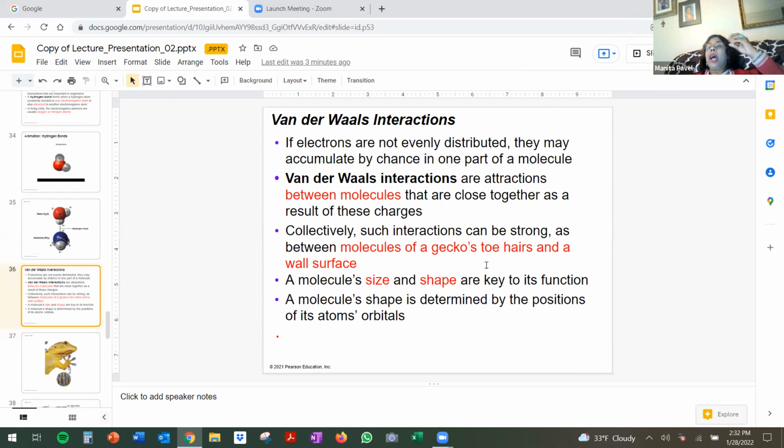Now, I need you to remember the simple basic statement for the whole semester, because we're going to apply it in most of these chapters to come. The shape of a molecule determines its function. So shape and size of a molecule determines its function. If the shape of a molecule is simple, the function would be simple.